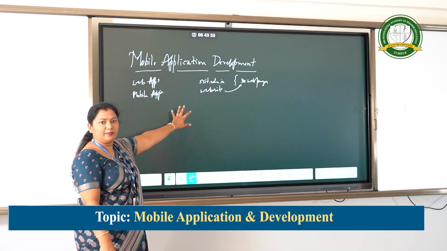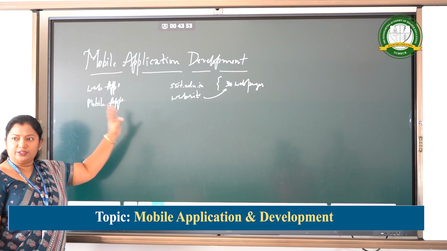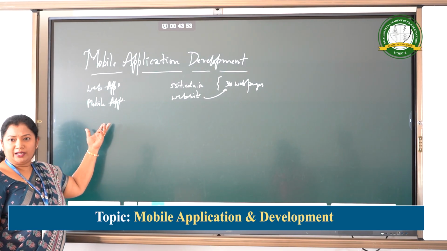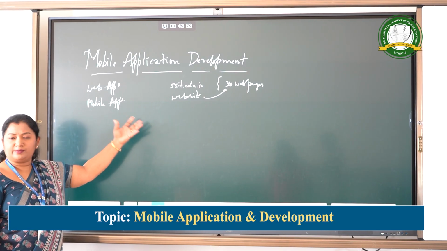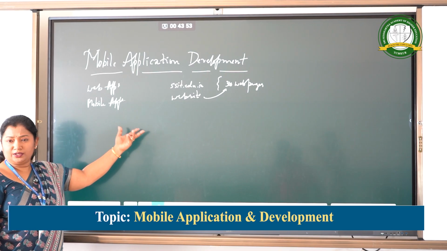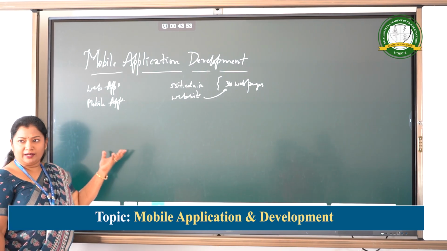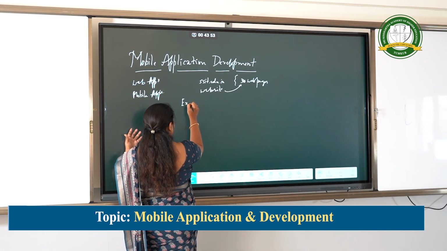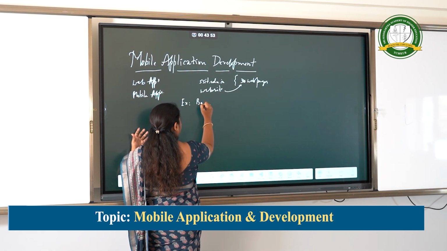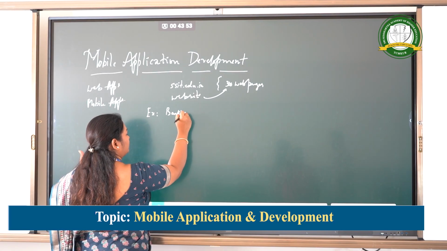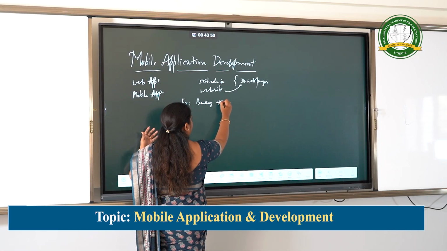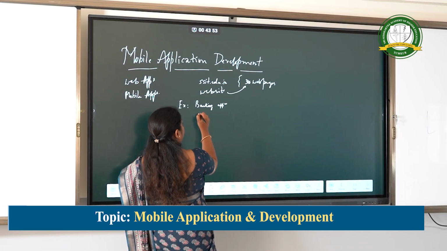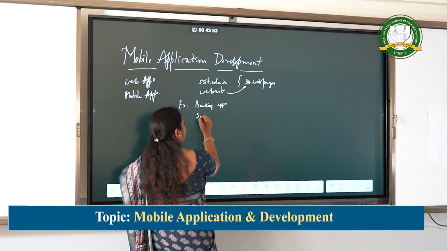Now, this is an app which is used on devices which cannot be portable. Coming to mobile applications, for each and every web application we have a corresponding mobile application. For example, banking applications and social media applications.